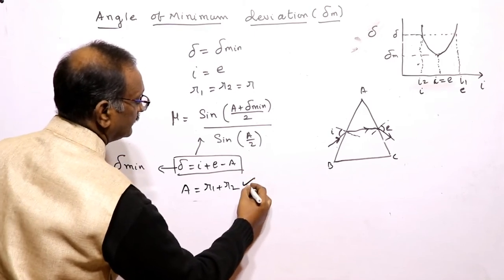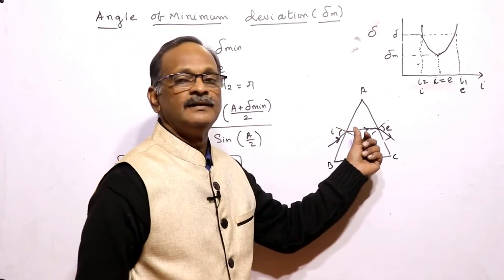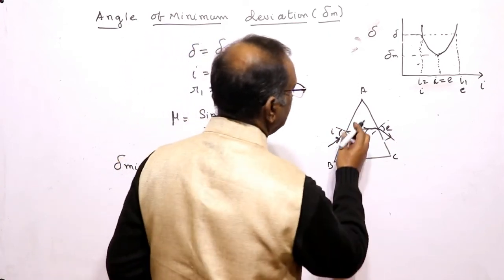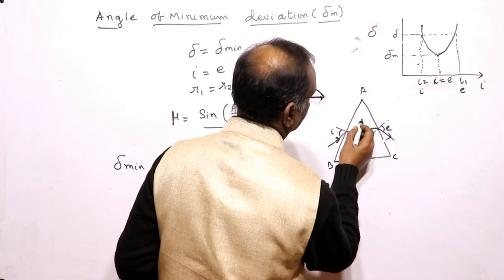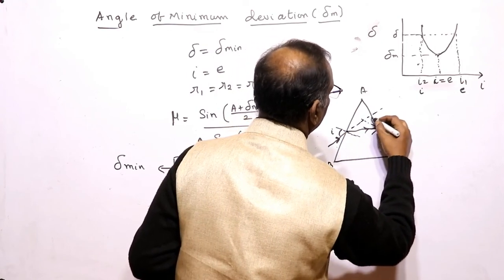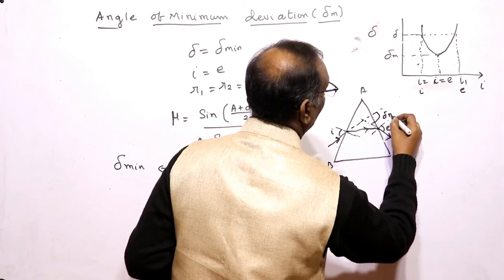This is the relation when the incident ray and emergent ray go this way: it suffers the minimum angle of deviation. This is the emergent ray, this is the direction of the ray, and this is the angle, delta minimum.